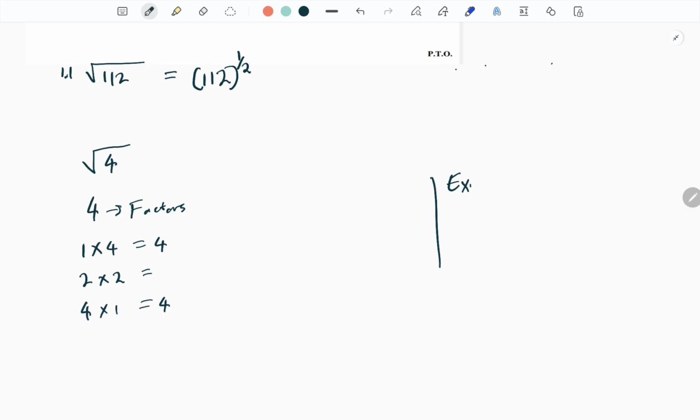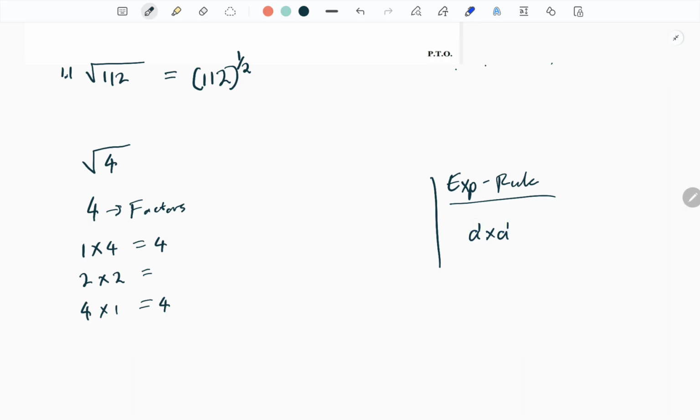For example, we have a times a. With the exponential rule, as long as the bases are the same, we can add the exponents. Now any number or any variable is raised to the power 1. So even if we don't write power 1, there is exponent 1 here and exponent 1 here.